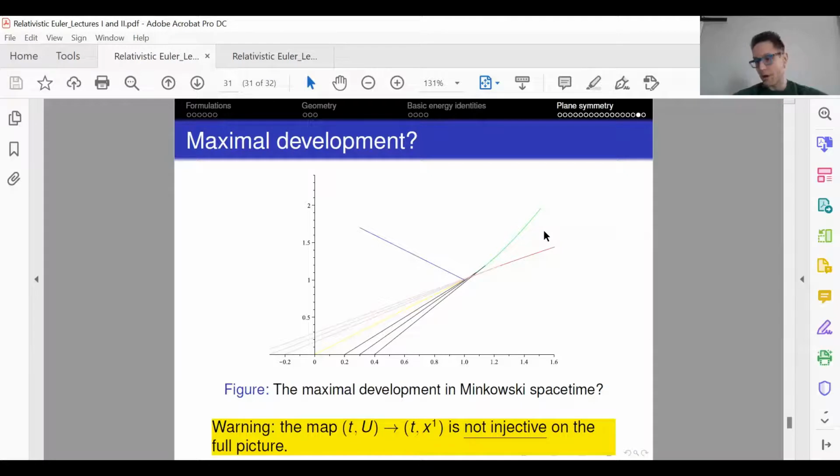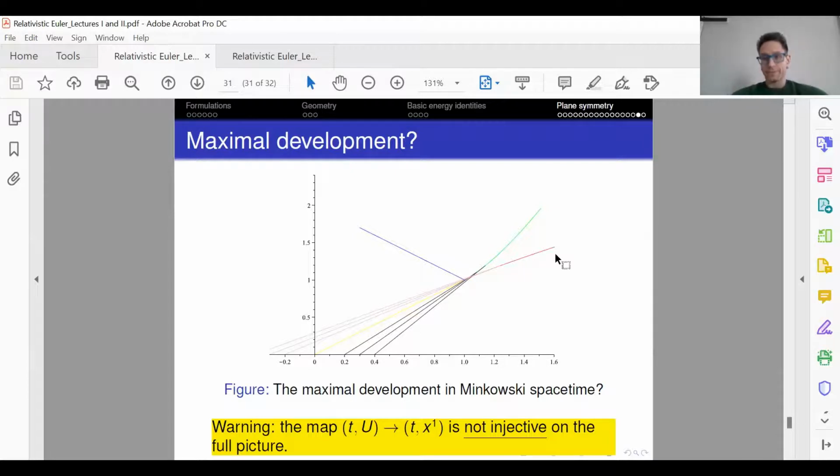Now there's a basic question you may have. These initial data were odd. Why is there a preferred direction? And what is so special about the green curve versus the red curve?